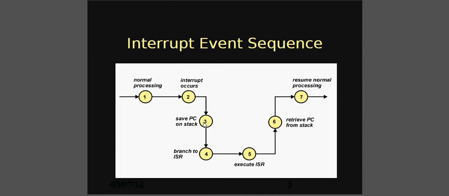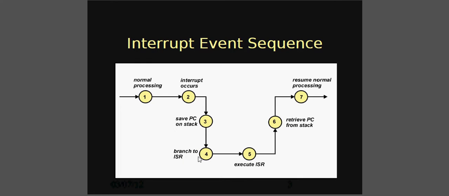Because you want to go into another address, you have to store the current address so that when you want to get back to the current program, you know which address to refer to. After you have saved it on the stack, it starts to branch to the ISR, which is the interrupt service routine.